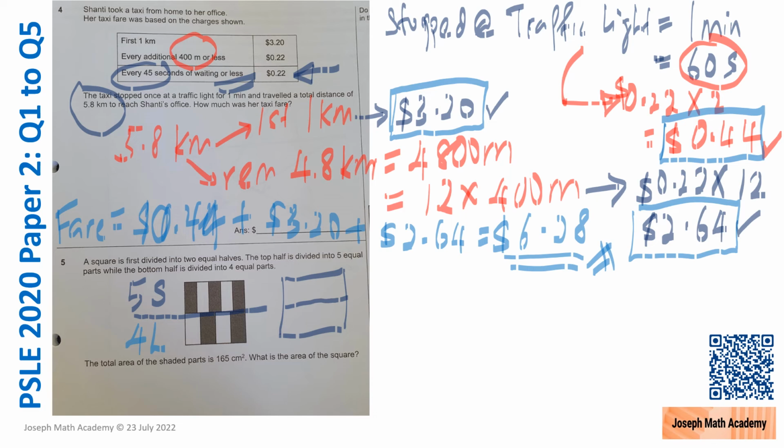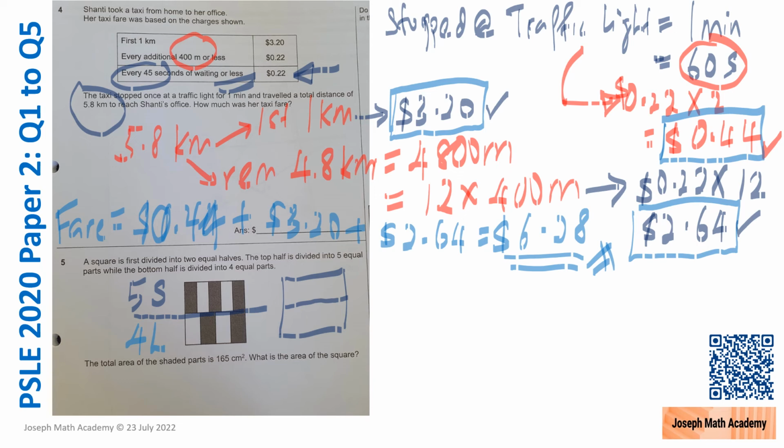Okay, one more time. The upper half has 5 small rectangles in total. 3 are shaded, 2 are not. For the lower half of the square, there are a total of 4 large rectangles. 2 are shaded, 2 are not shaded.